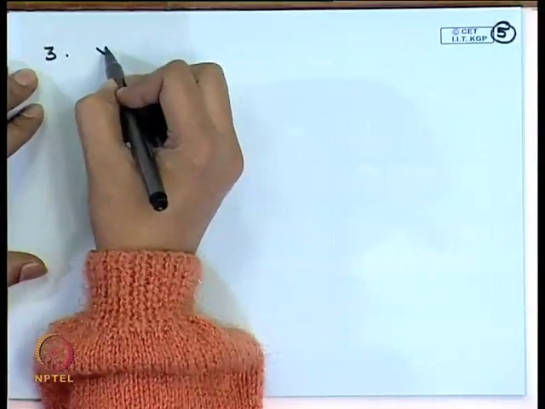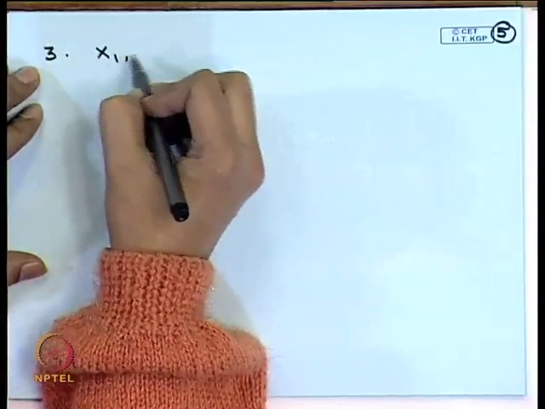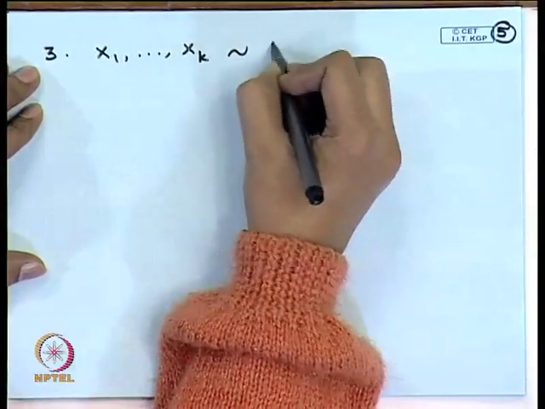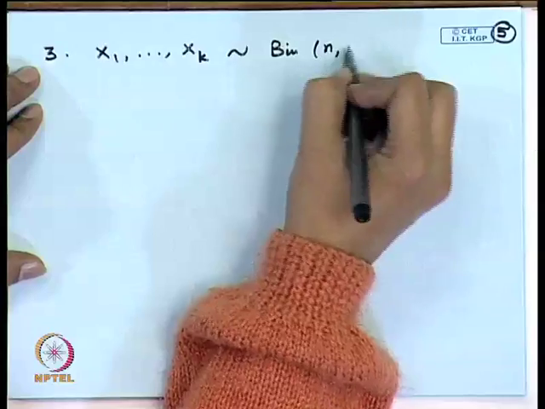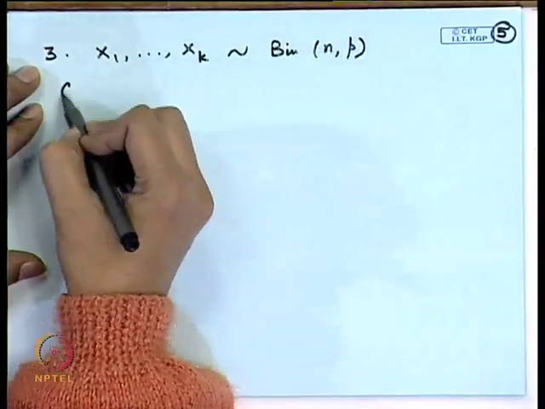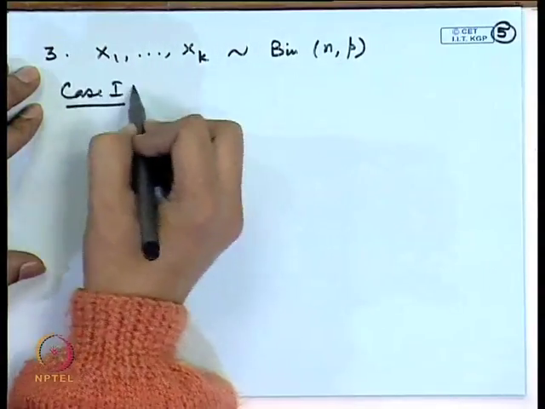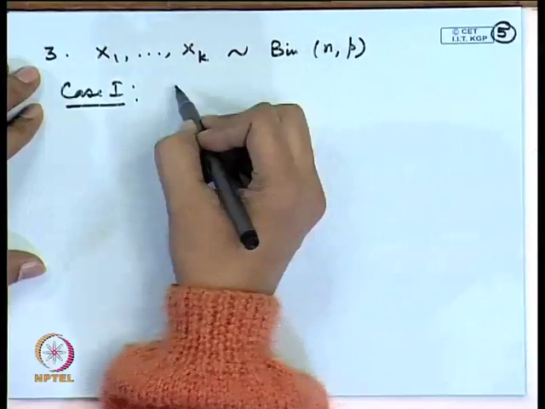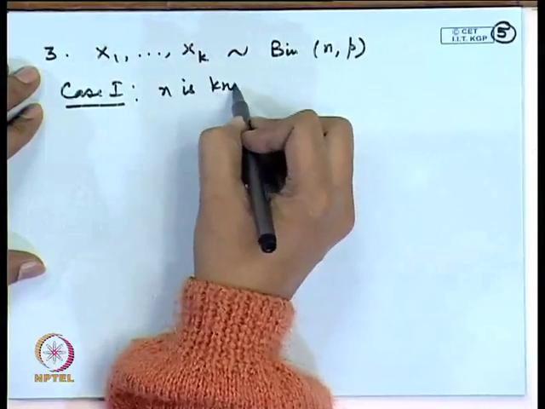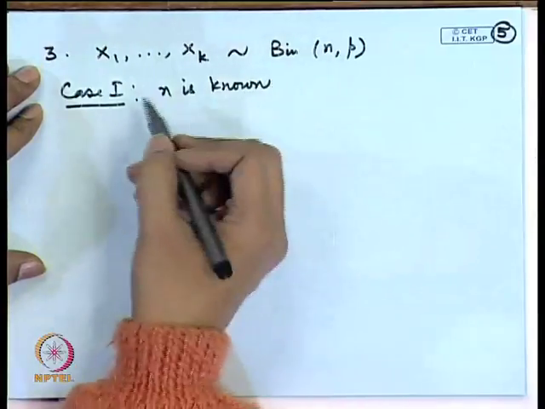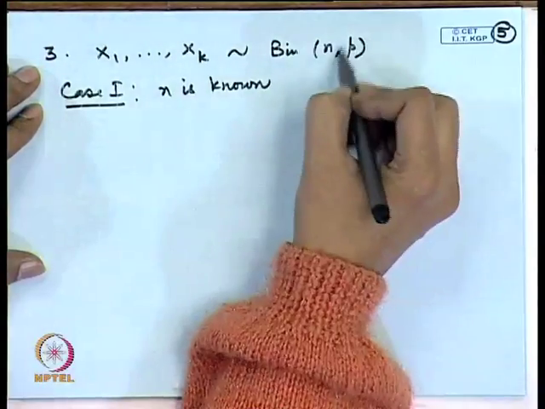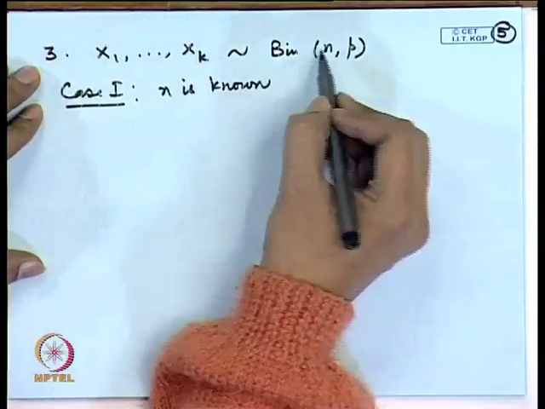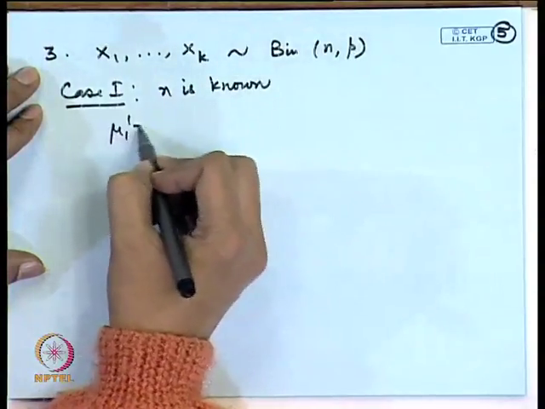Let us take say X1, X2, ..., Xk following a binomial distribution with parameters n and p. Quite typical situations in binomial distribution deal with the situations where n is known. So, if we have n is known, then the parameter is p here, and if I consider the first moment here, the first moment of the binomial distribution is np.